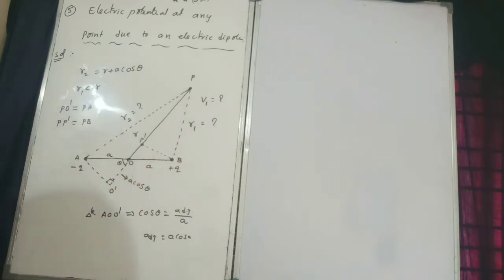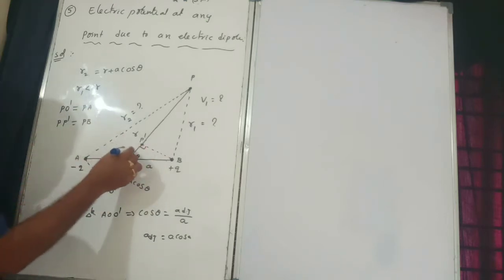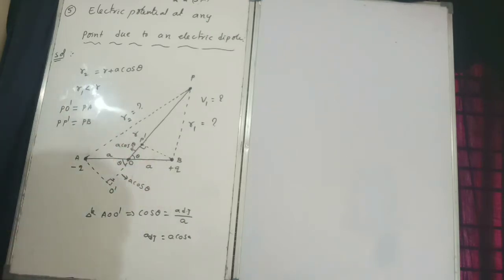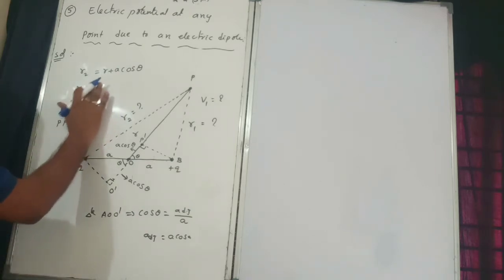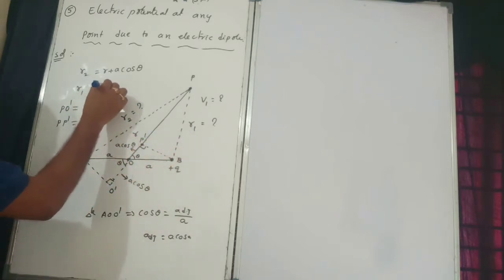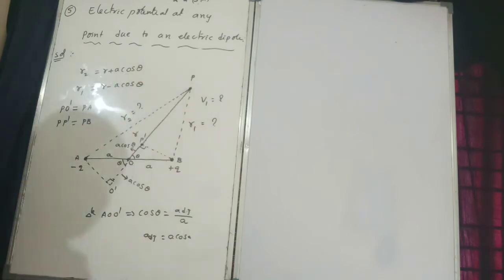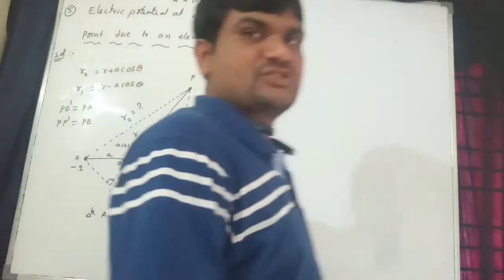So here theta, here also we will consider theta. So this is the 90 degrees. So therefore here also how much will come? A cos theta will come. Correct? Therefore, now R1 is equal to R minus A cos theta. Right. So everything is fine.